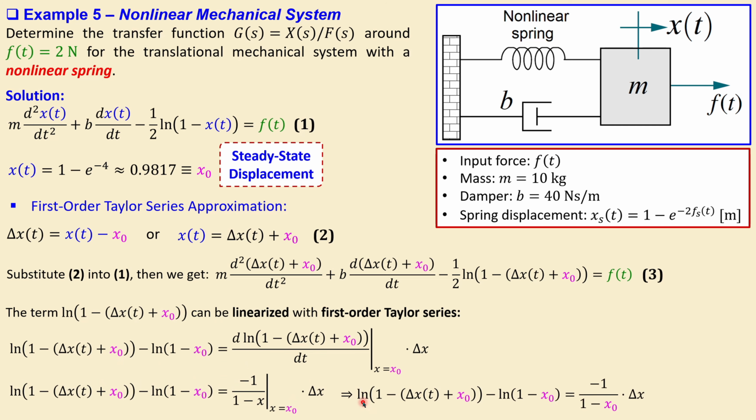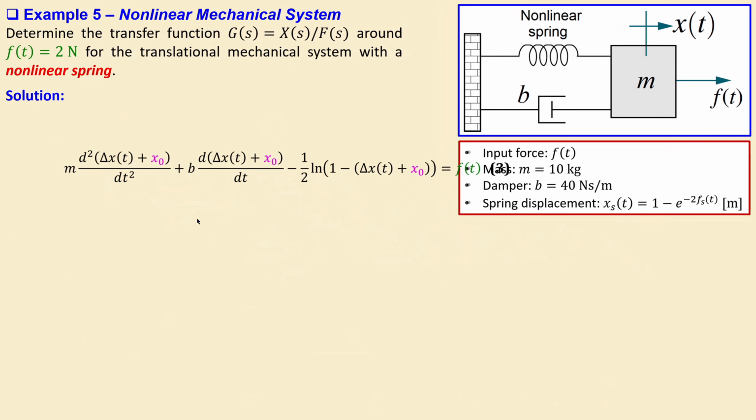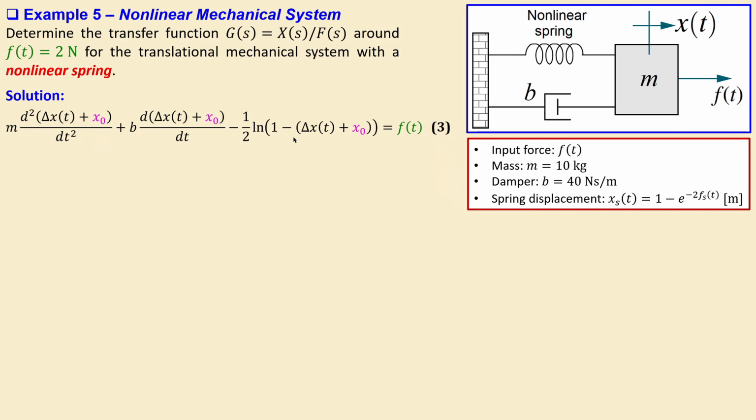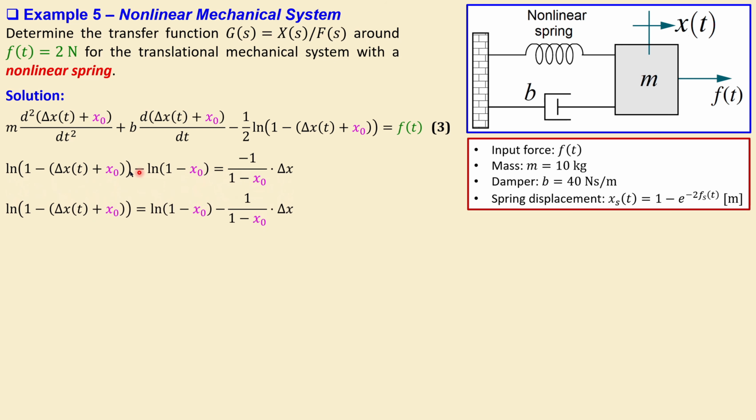Now I can then finally say that this ln part is linearized using the first order Taylor linear approximation, and then bring the second part here on the left side to the right hand side, you will get this. And the minus sign here will be then dropped here, exact same expression. This is equation number 4.